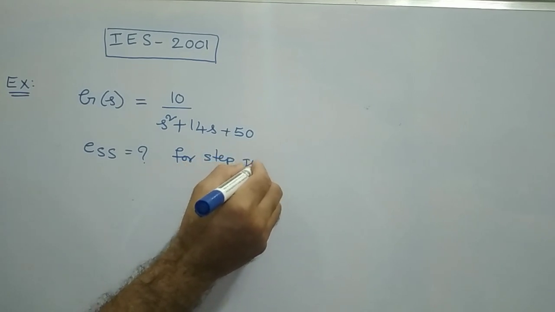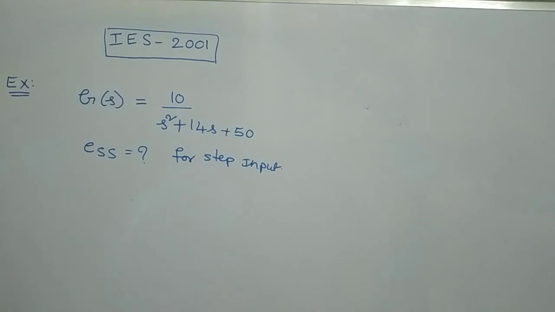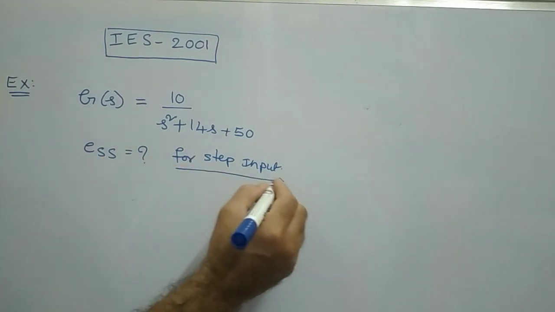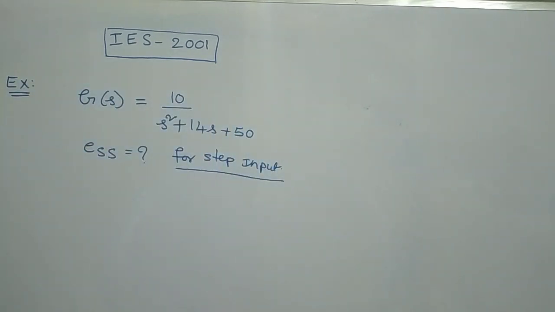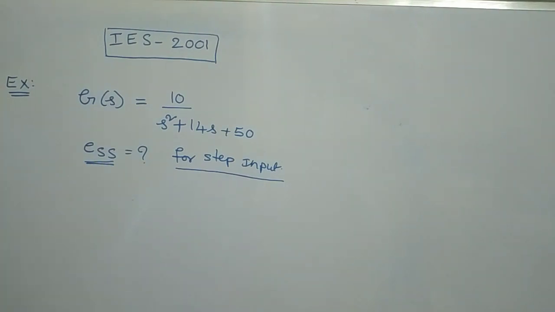Remember that in order to find the steady state error, the input must be given. Without input, you cannot find the steady state error. So ESS can be calculated once the input is given, whether it is a step input, a ramp input, or a parabolic input.